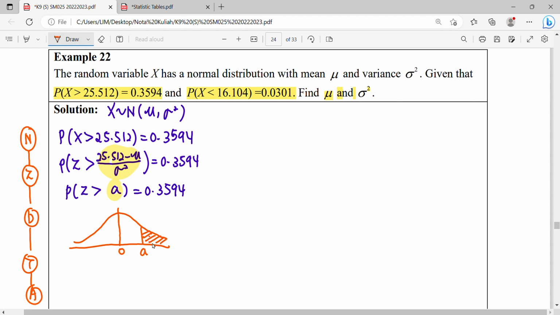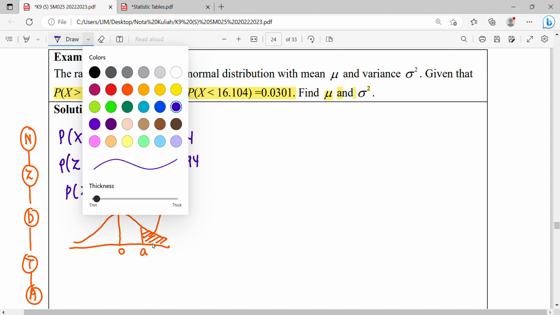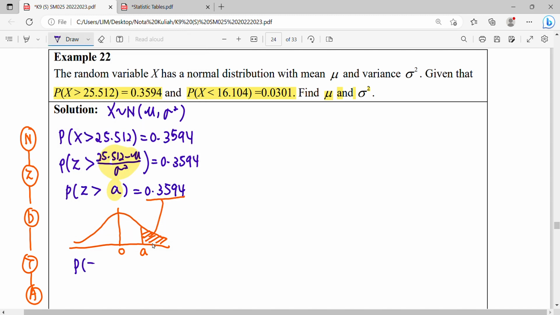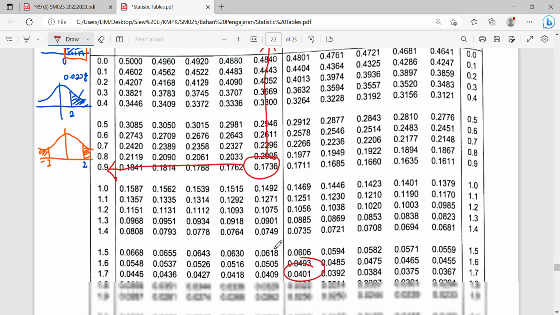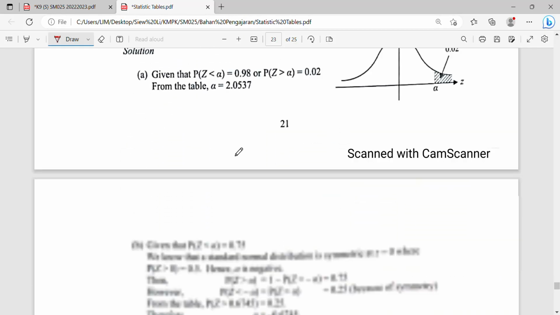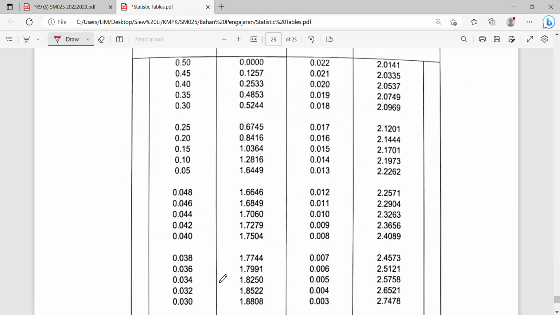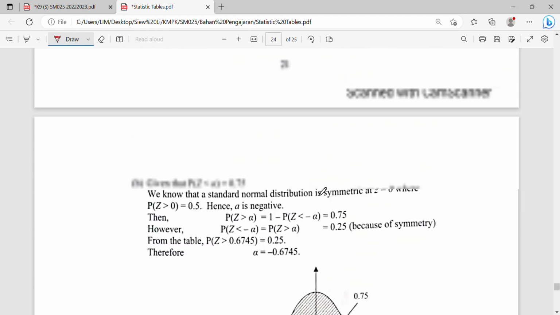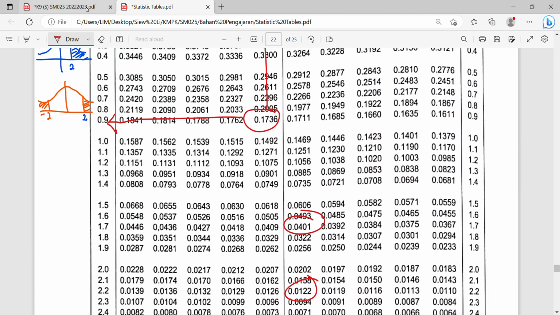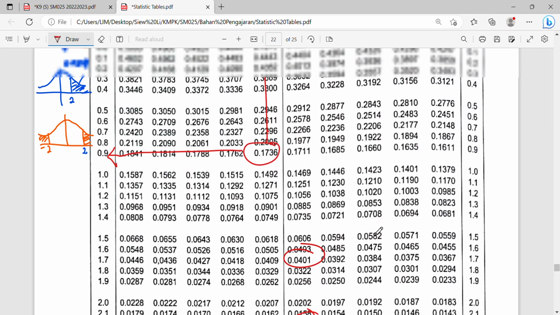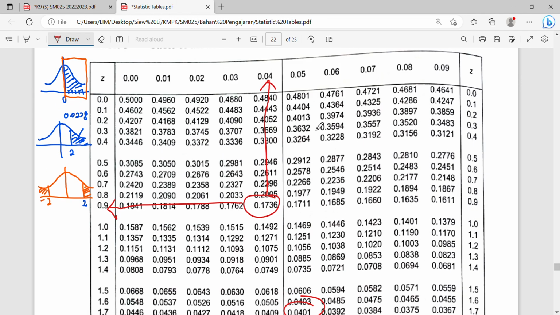So this area is as much as 0.3594. We are going to look at the region that you draw here, which means we read the tail of A to get 0.3594. Is there one behind? I don't think so. The probability values here are all nice round values, right? So the earlier 0.3594, here, is about 0.36.